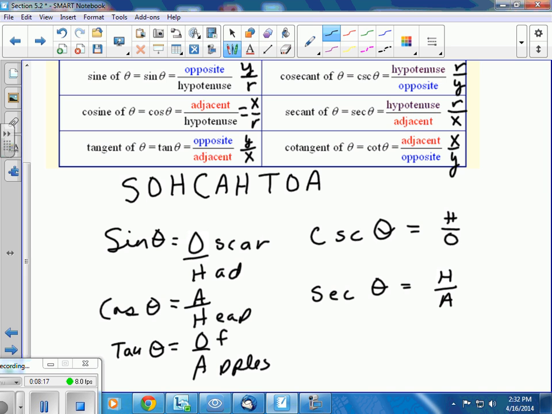I apologize for that. The hypotenuse over the adjacent, and the cotangent, of course, the reciprocal function of tangent, would be the adjacent over the opposite. Once you have those 3 memorized, however way you want to memorize them, SOHCAHTOA or Oscar had a heap of apples, the reciprocal functions fall right into line.